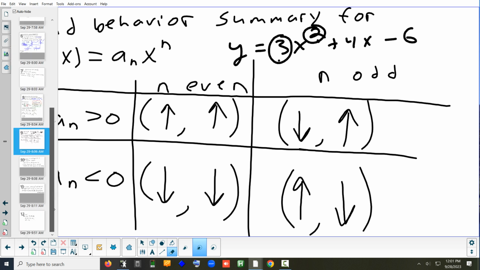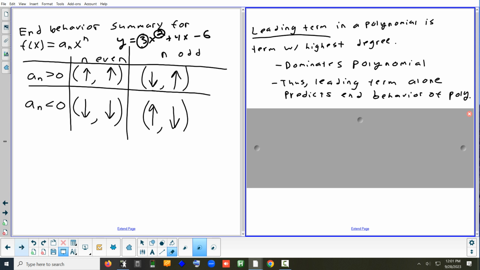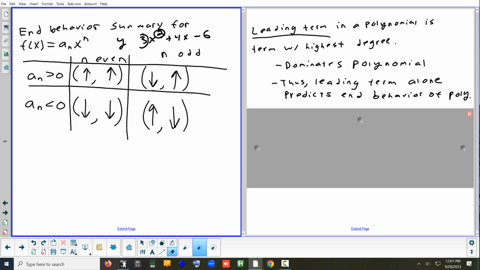So that's the last page. That term, that 3x squared, that's called the leading term. Maybe you already knew that. That term controls the whole polynomial, and that's what predicts the end behavior.